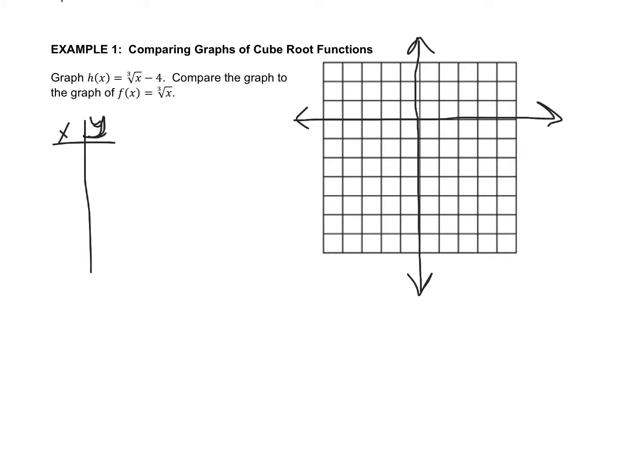Before we get started, let's remind ourselves what our perfect cubes are. 0 would be one of them, 1, 8 because 2 times 2 times 2, 27, 3 times 3 times 3, 64, 4 times 4 times 4, and all of those also with their negatives, so negative 8, negative 27, negative 64. It goes on, but we'll keep those numbers, probably easiest for us to graph.